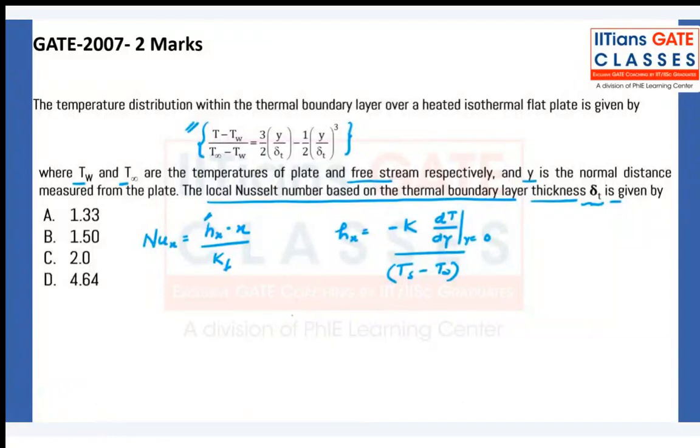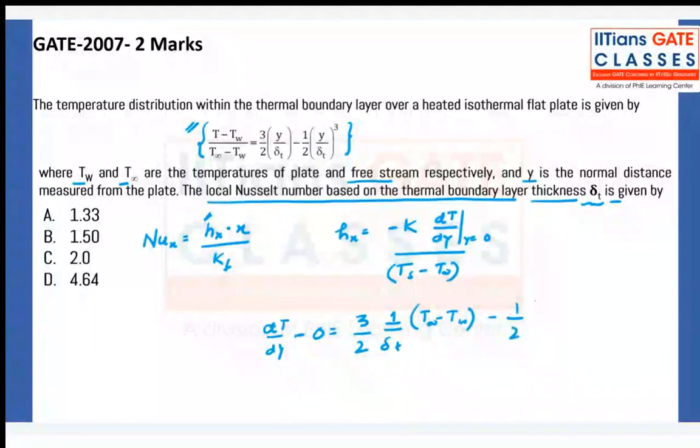So dT by dy minus 0 is equal to 3 by 2 times 1 upon delta t infinity minus Tw, minus 1 by 2 times 3y square by delta t infinity minus Tw.